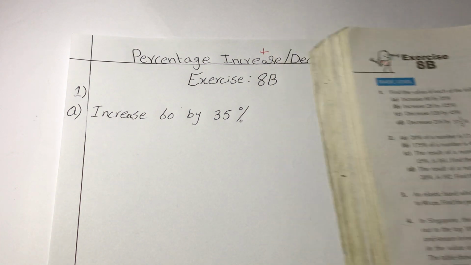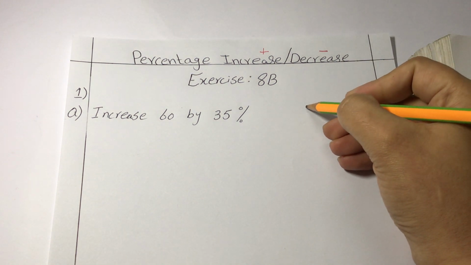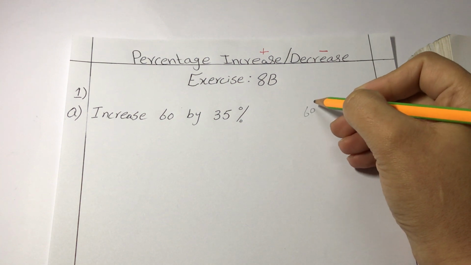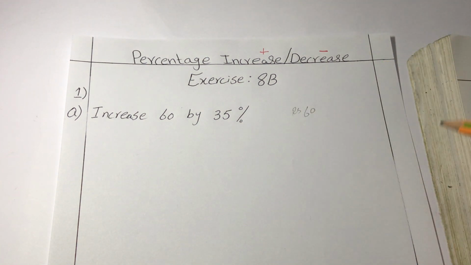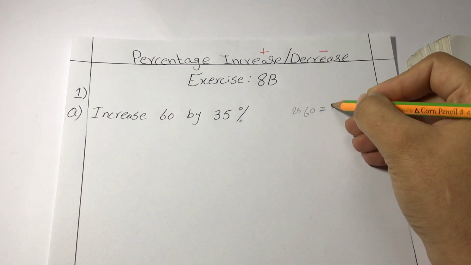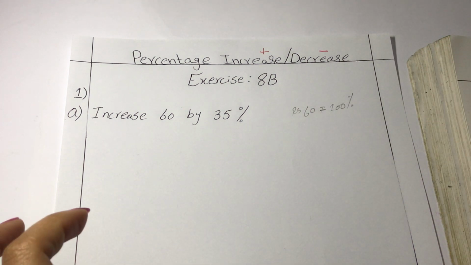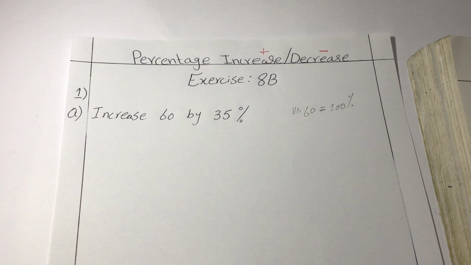If your parent is giving you 60 rupees as your pocket money, that means you have 100% of your amount. You have not spent any money, right?